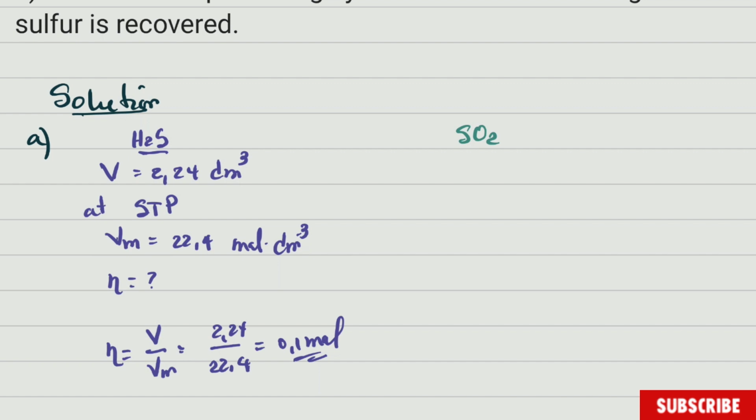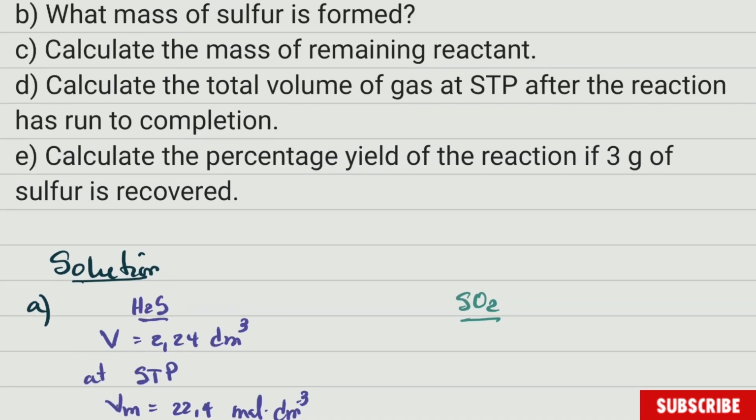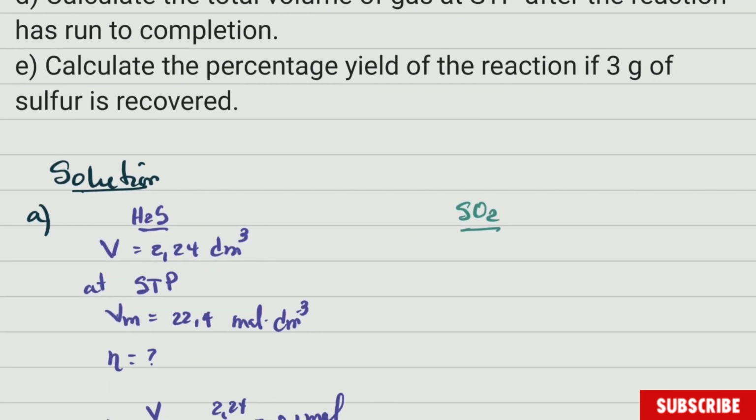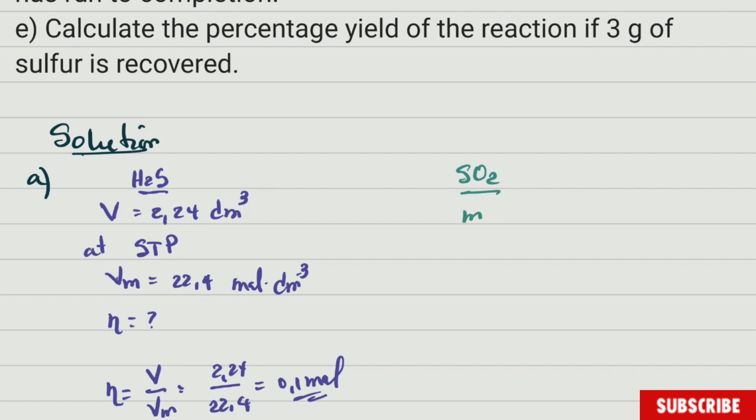Let's do the same with the second reactant. So what we have for the second reactant, we're going back to the question and we read there, they say it's combined with 6,4 grams of SO2. So we are having here now the mass for the second one. The mass is equal to 6,4 grams. All right. And now here, guys, we need the molar mass.